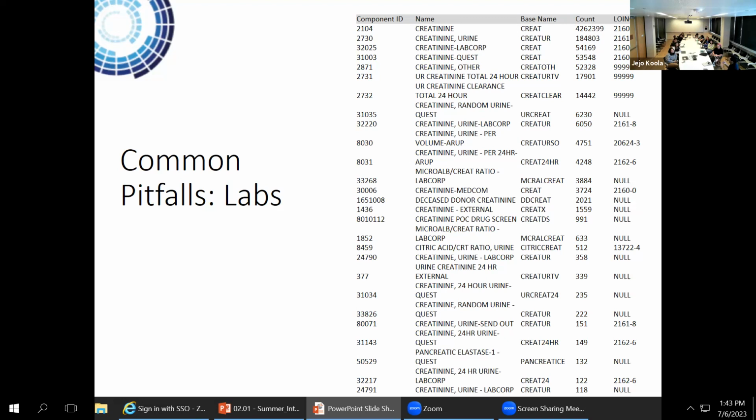You can say, hey, I'm interested in these LOINC identifiers, which have to do with creatinine measured in the patient's blood. Or, at least in the EPIC electronic health record system, each laboratory test is described by what's called a component ID, which is just a number. And it makes it really easy if you're interested in the electronic health record data to say, hey, I'm interested in creatinine, this specific component ID, 2104, which is the creatinine measured in the blood.